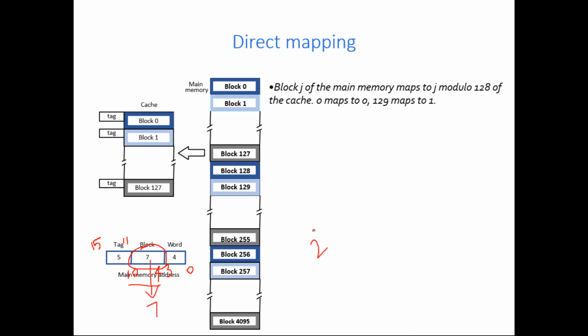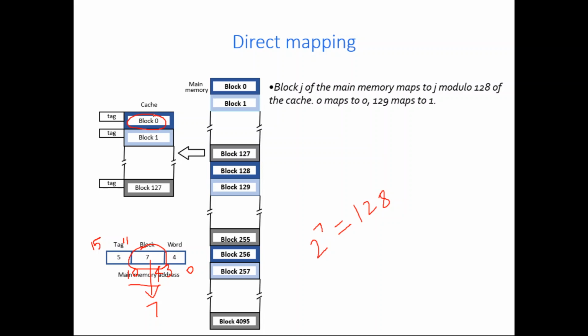So 2 to the power 7 is what? 128. It will just refer to any one of the 128 blocks available here. It may refer to block 0 or block 1 or block 2 or block 3. Say it is referring to block 0. Right. Okay. Fine.